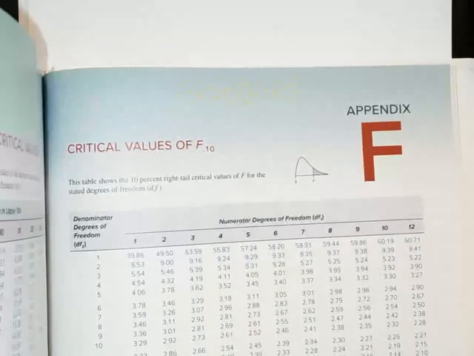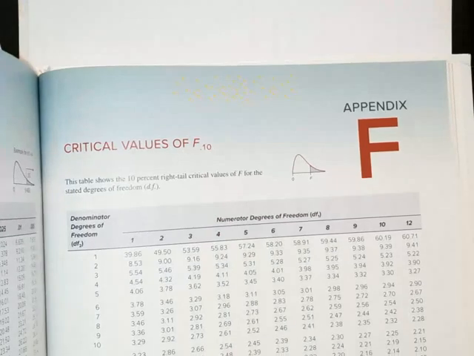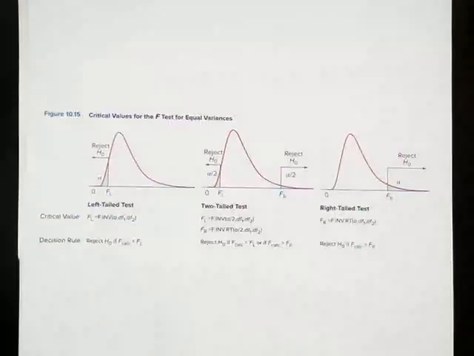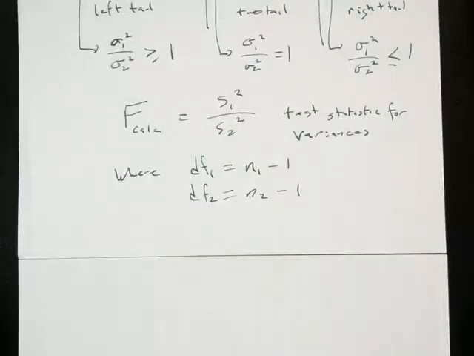But we already have two numbers. We have degrees of freedom 1 and degrees of freedom 2, right? You know what's missing from all of that? Alpha. I need to know what my sensitivity is. How much am I pushing on this test?